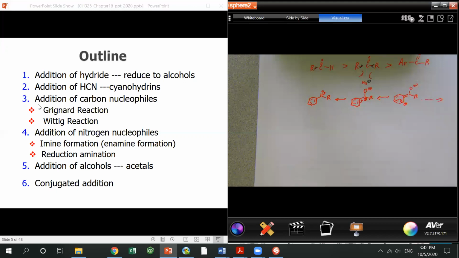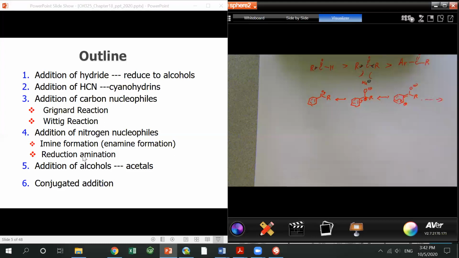Then we will learn the addition of nitrogen nucleophiles, which generates imine products. It depends on what the nucleophile is. If it's a primary amine, it generates an imine product. If it's a secondary amine, it will generate an enamine product.